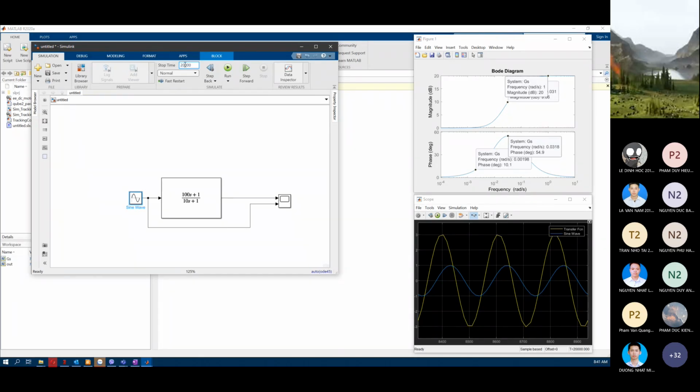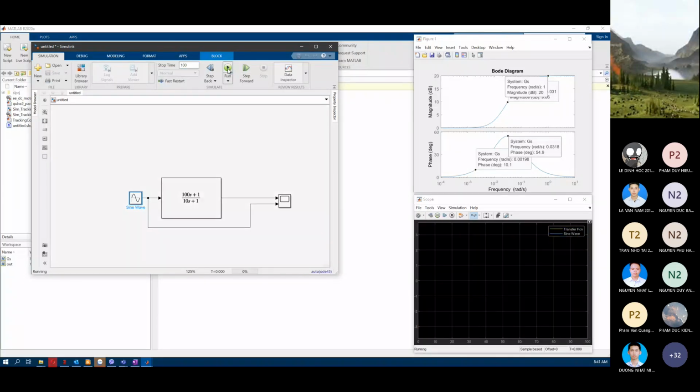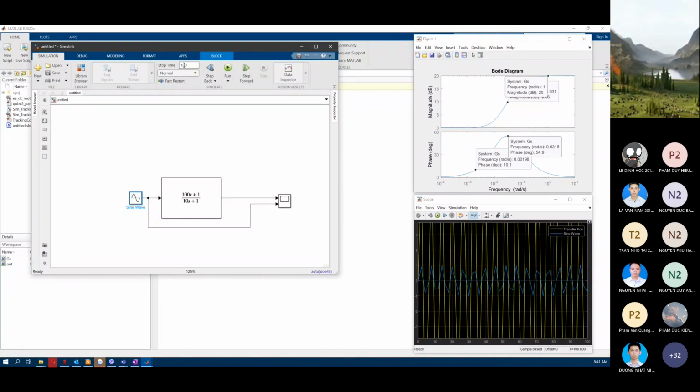Okay, I will try to reduce the number here because we don't need so many. Still too many.